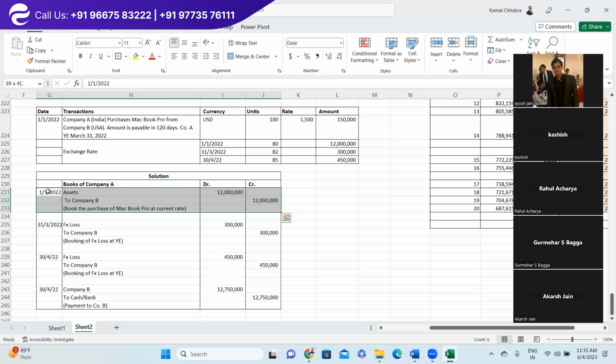So internally they may have certain settlement, but to you it is agreed that you will be paying in INR for that particular rate.